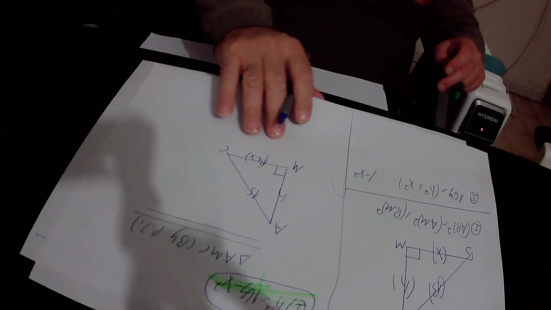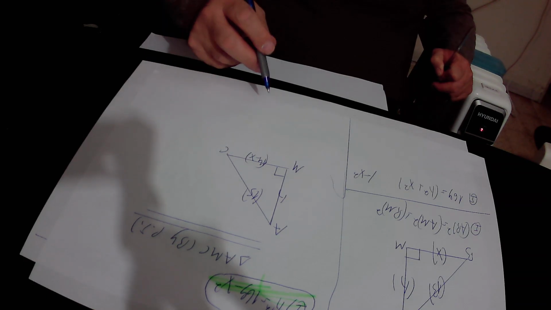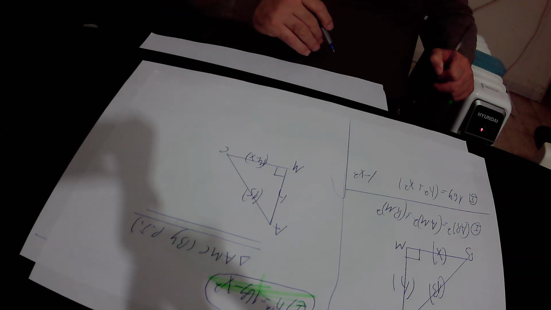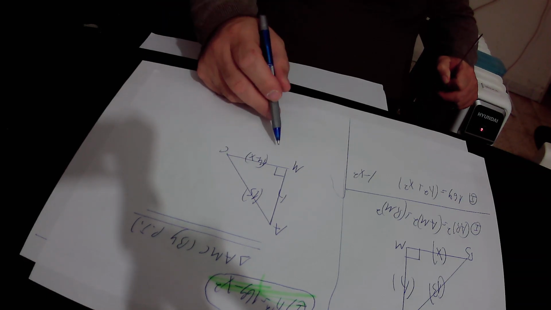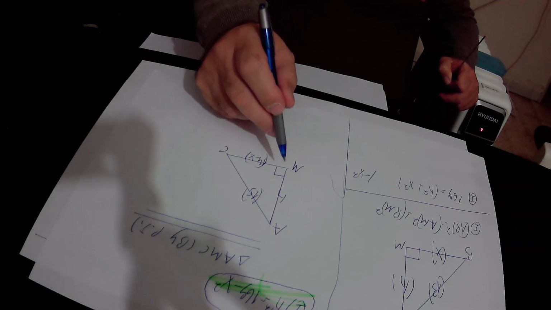So this is the right triangle AMC that I copied from the original drawing. Side AC equals 15 units according to what is given in the question. We have already found out that side MC equals 14 minus X and AM equals H according to our definition.